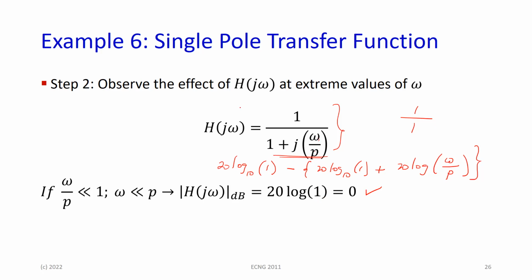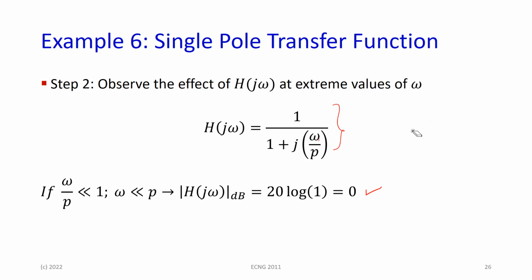Okay. Remember what we're trying to do now is to see how this behaves with frequency. The purpose of this whole thing is not to plug in a set of values, but to see if I could use straight lines and the behavior that we just had to predict what the frequency response of this will be.